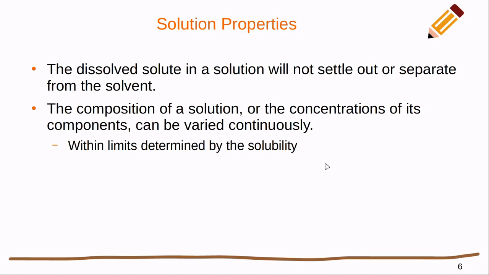So at some point when you are adding the salt, you would have what we call a saturated solution, and you wouldn't be able to add any more salt to it. You would have reached an upper limit of how much salt the water could hold. However, on the other side of that, with very dilute solutions, typically you can make the solution just as dilute as you need to.